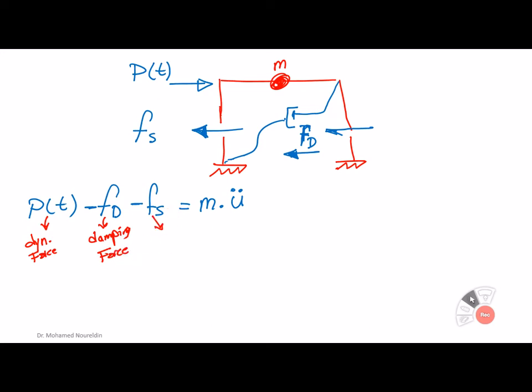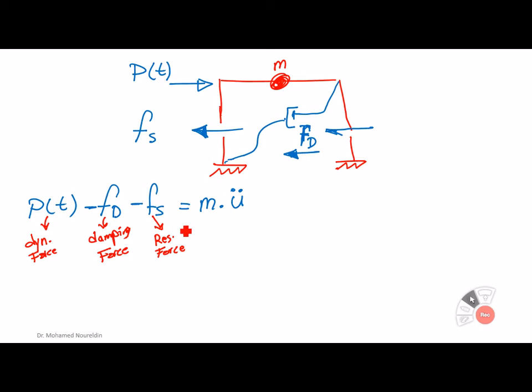Fs is the elastic resistance force coming from the system itself. The elastic resistance force comes from what? Exactly, also from the material, from the dimension of the system, from the cross-section of the components, and from the boundary conditions. So now we have this equation, which is Newton's second law.